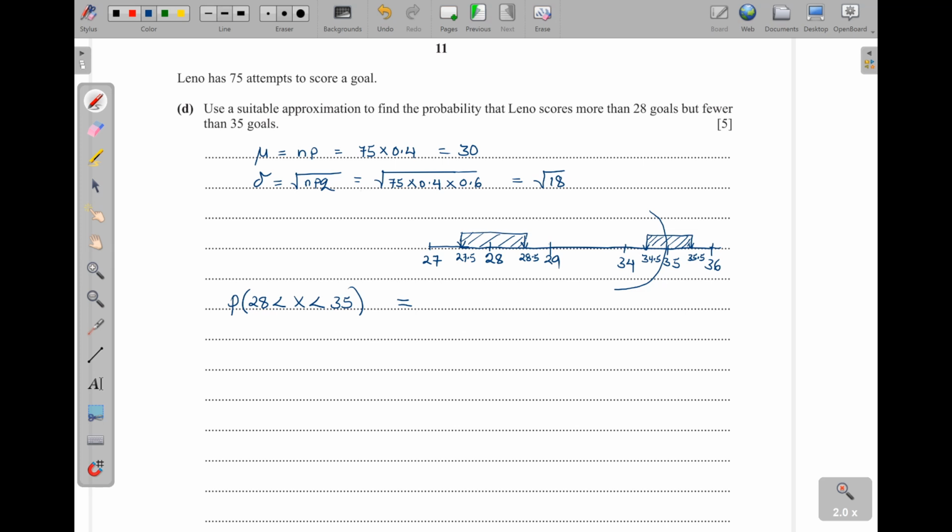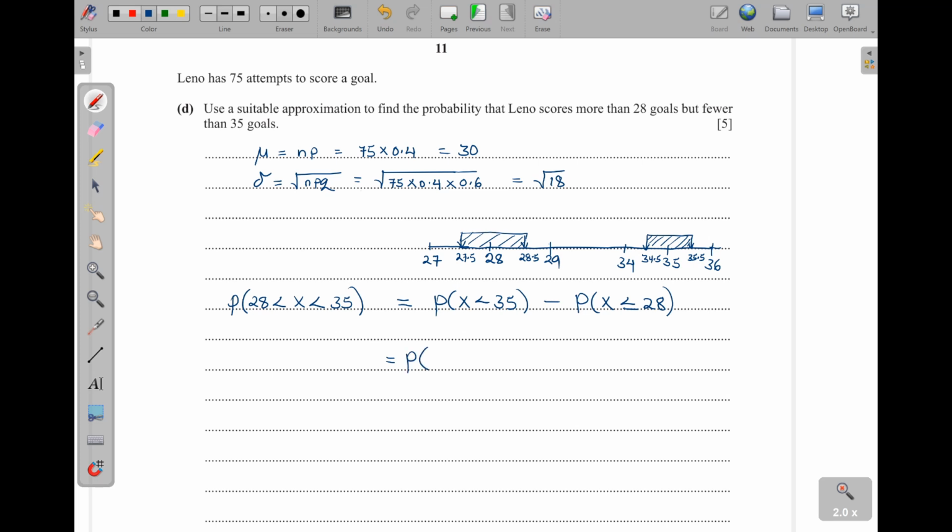So I will get the whole of this less than 35, then I will subtract less than or equal to 28, because 28 is not inclusive in this picture. You get it? So I'm going to write probability of x less than 35, then I'll subtract probability of x less than or equal to 28. Now from here, I can standardize.